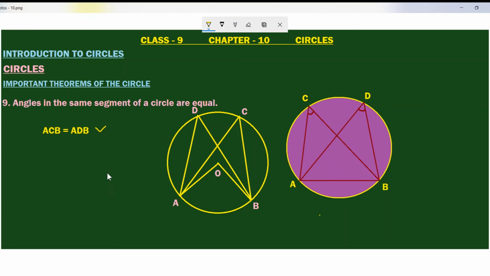How can we prove? You can see this diagram. We know the angle subtended by an arc at the center will be double of the angle subtended at any point on the circle. We have learned this theorem. This is theorem number 7. According to theorem number 7, what is the equation? Angle AOB is equivalent to 2 angle ADB, isn't it?